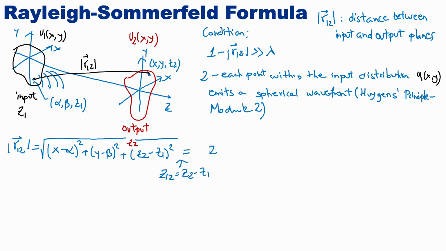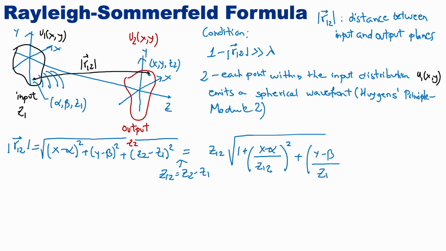So we can define c12 times the square root of 1 plus ((x minus alpha) over c12) squared plus ((y minus beta) over c12) squared.